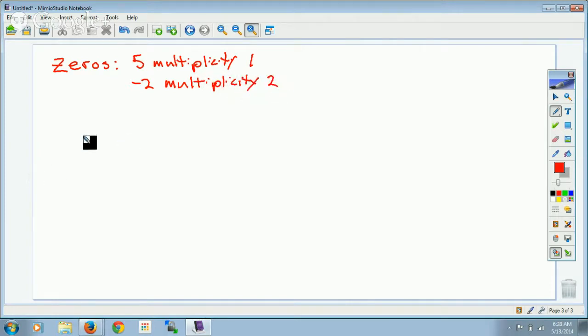So what does that mean? That means f of x could look like this. It's always x minus the zero, so x minus 5, x minus the zero. x minus -2 would be x plus 2. Multiplicity 2 means that occurs twice.